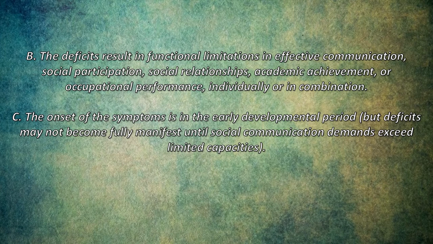individually or in combination. What that means is that for a person to have social communication disorder, those first four items have to have a result on some part of their everyday life, and it has to limit the functionality of the person in that aspect.